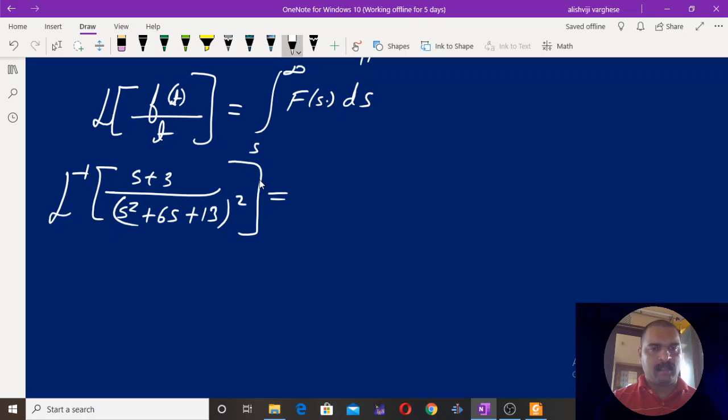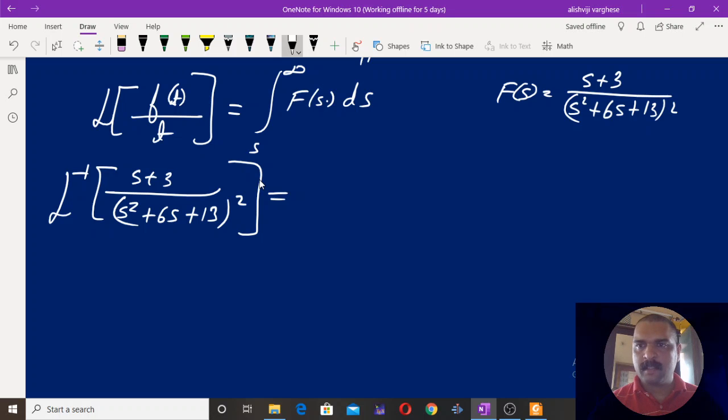Okay, anyway, we can try the method of partial fractions. All those kind of methods can be tried, but here we have a simple method. We take F of s as (s plus 3) divided by (s square plus 6s plus 13) the whole square. Now, if we replace the denominator with u, then the numerator is somewhat like du.